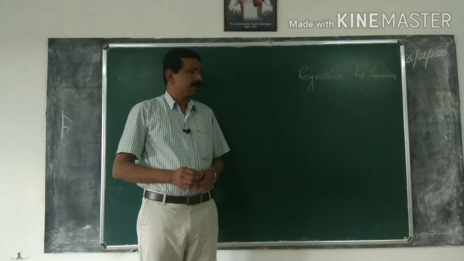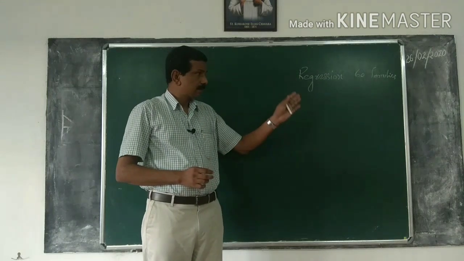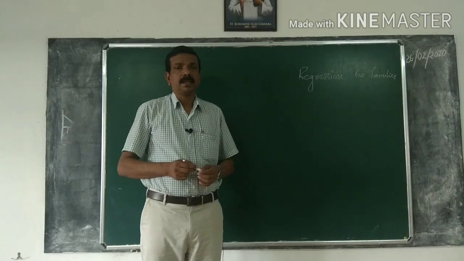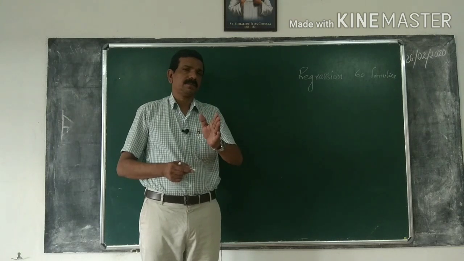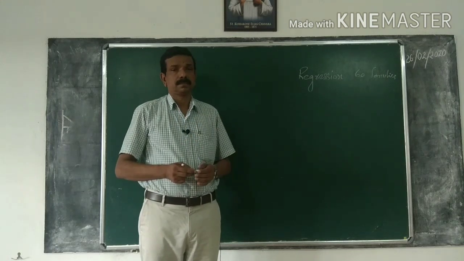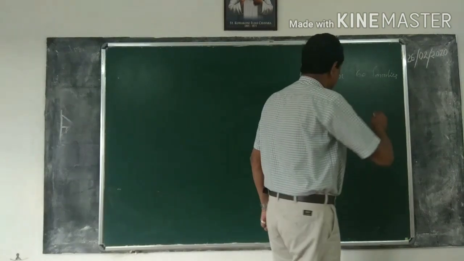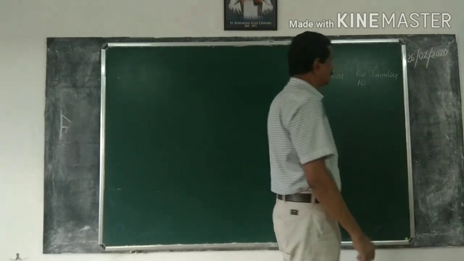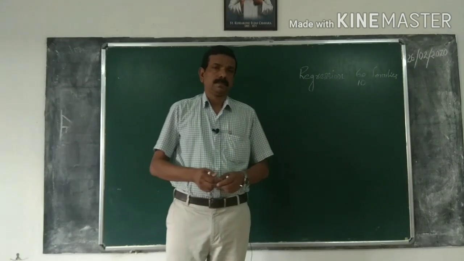Suppose also that these families can be divided into 10 income groups on the basis of monthly income. We divide these families into 10 income groups on the basis of monthly income.